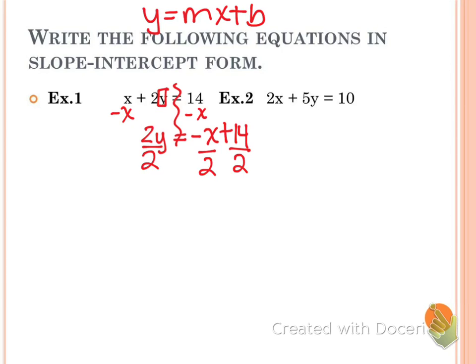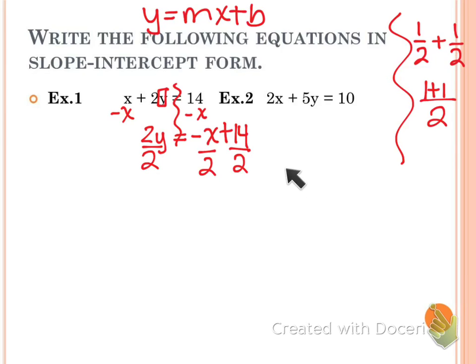So if you want to think about it, this is like an aside, but if you think about it as 1/2 plus 1/2, that's the same as 1 plus 1 all over 2, right? If you have a common denominator, you can write it together or separate. It's the same idea here. We have the same denominator, we're just choosing to split it up.